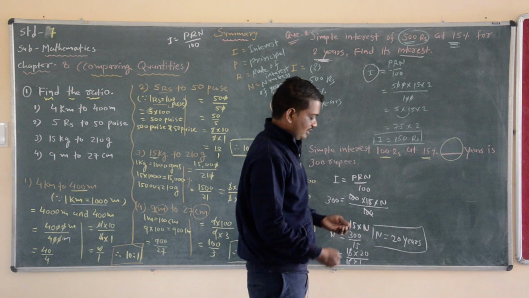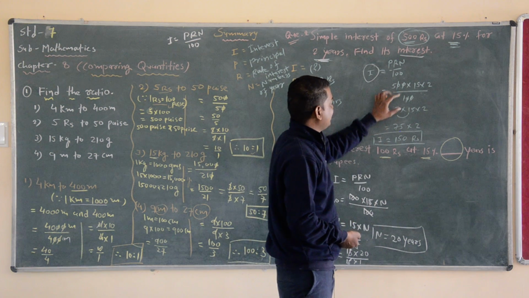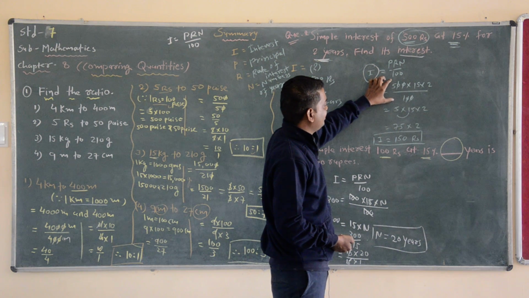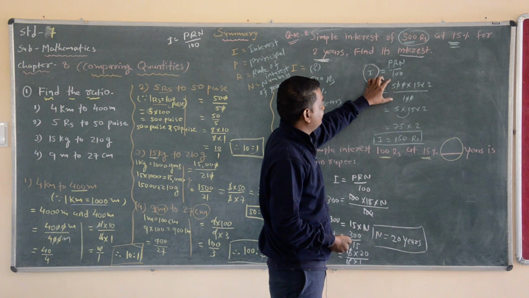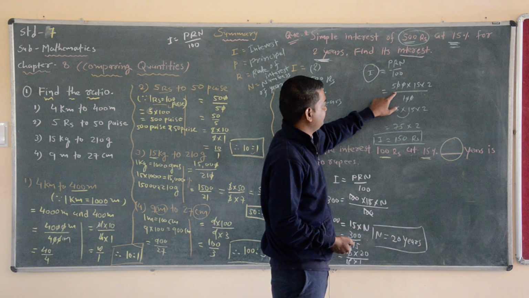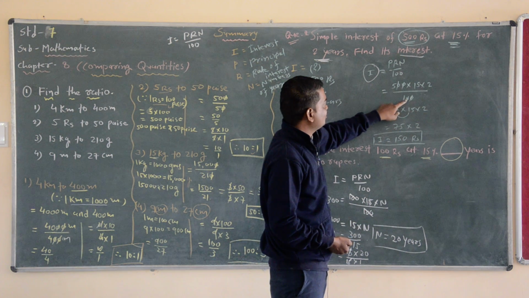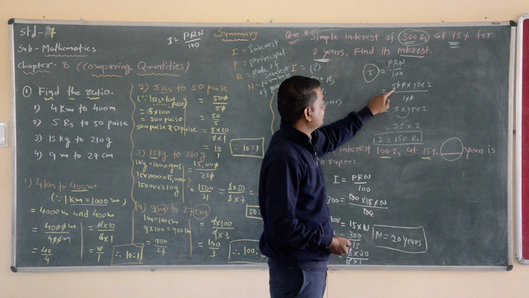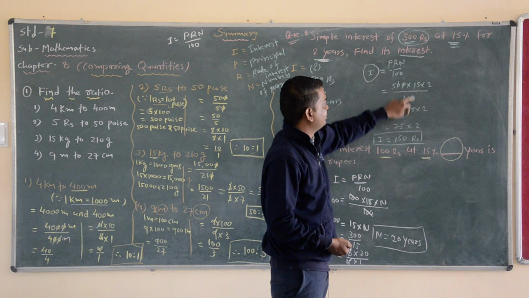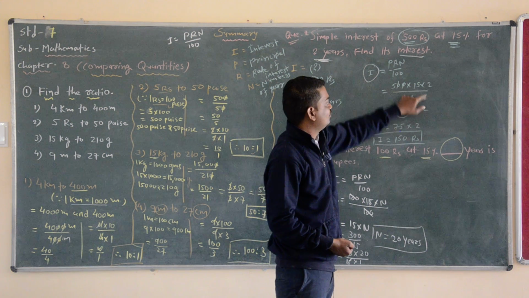Now everyone look here. According to our formula, 0 cut, 0 cut, second 0 cut, second 0 cut. So finally we have 5, then 15, then 2.